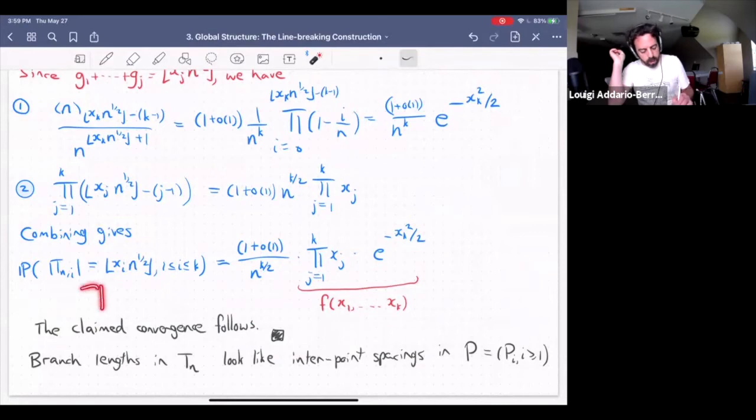Then you're summing over a region whose volume is of order n to the k over 2. And so that's a Riemann approximation of this integral on a mesh size of n to the minus a half in k dimensions. So that mesh precisely cancels out the factor 1 over n to the k over 2. And Leor has given another explanation in the comments.